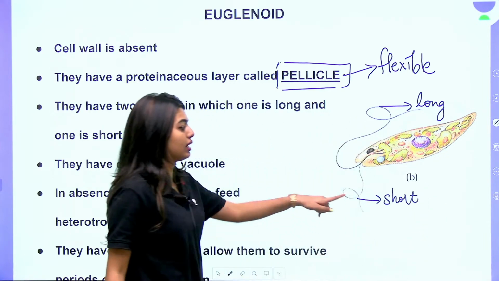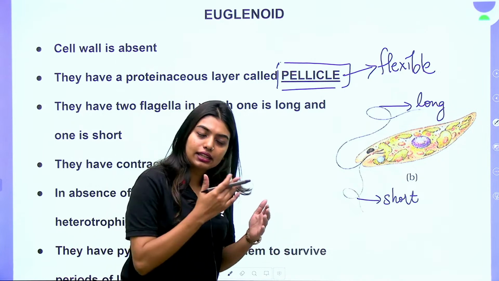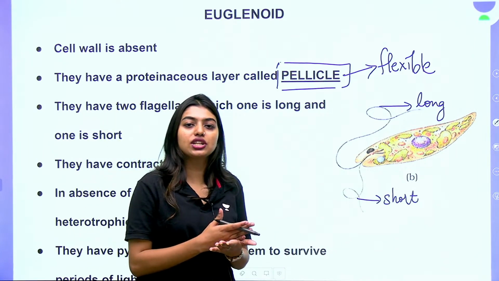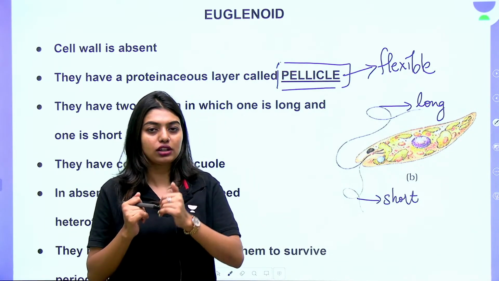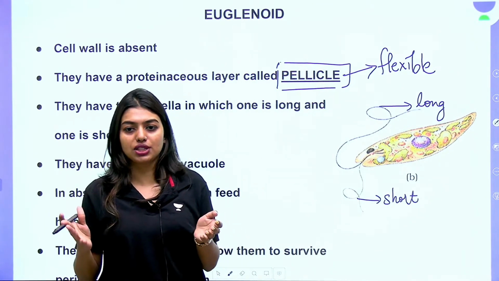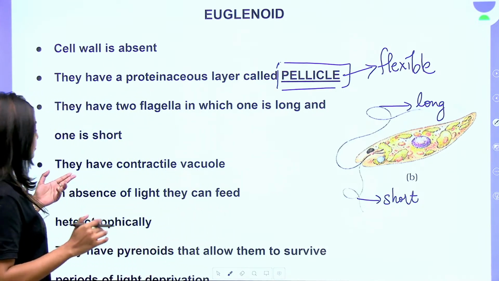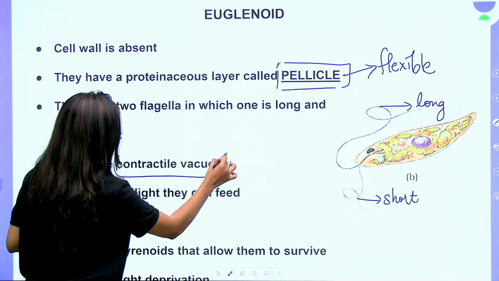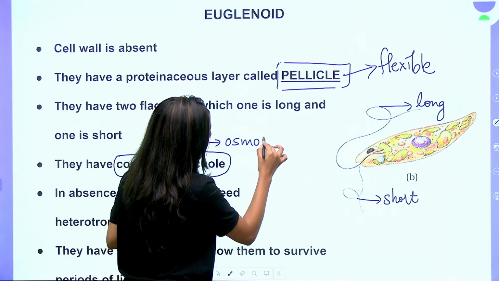The dinoflagellates also have two flagella. Euglenoids also have two flagella, but one is long, one is short. In dinoflagellates, one is longitudinal, one is transverse. So, do not get confused. Fine. They have a contractile vacuole that will help them with osmoregulation, right? Balance.